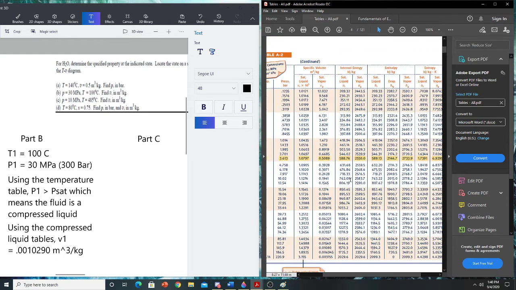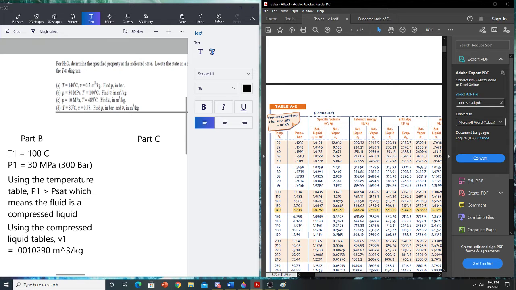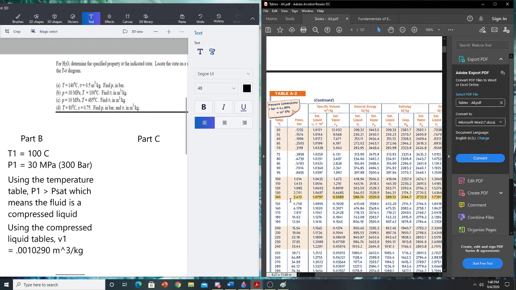But if you use the temperature table, so let's roll back up to the temperature table. If I gave you 200 degrees Celsius and let's say 30 bar, our pressure on the table is 15.54. So if you are greater than this number on the pressure table, you are now subcooled.